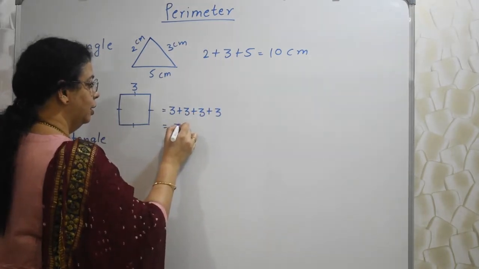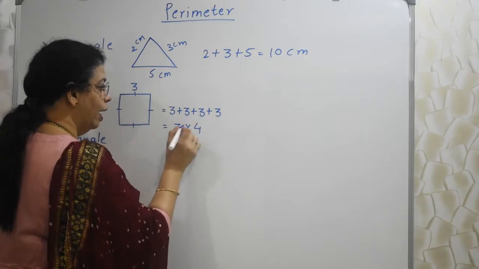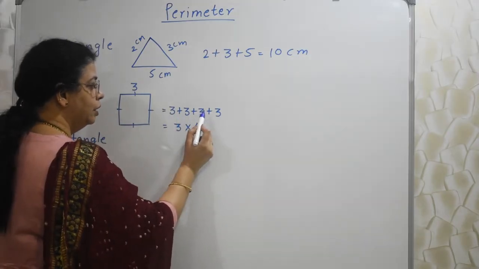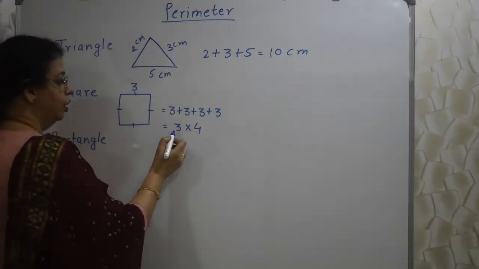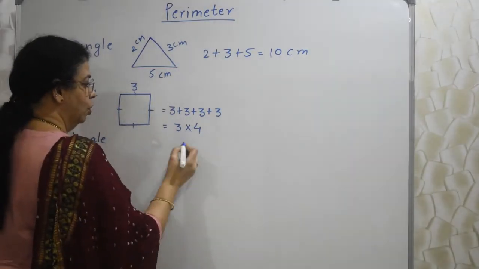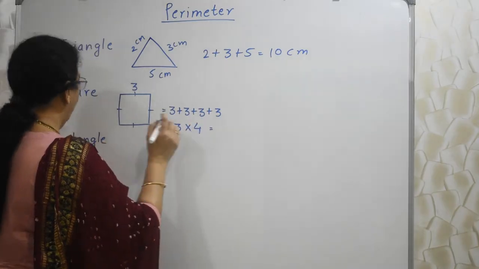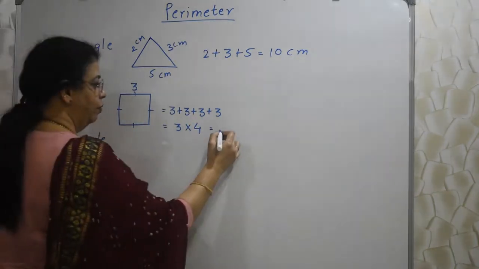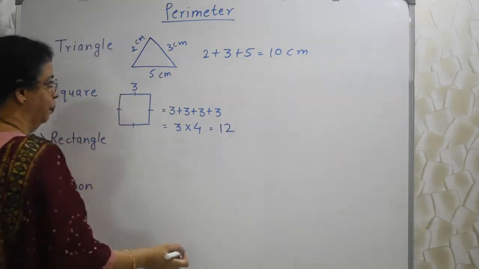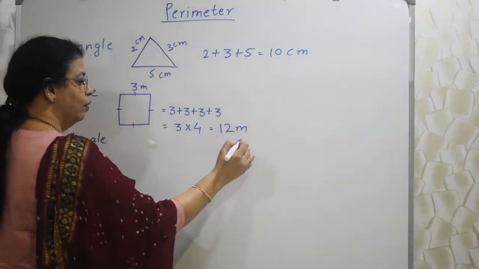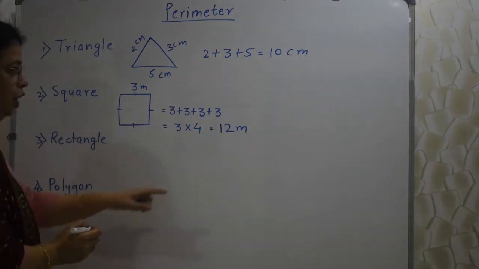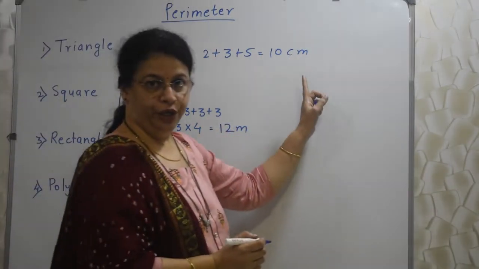That is 3 into 4. Why? Because I am taking this 3, 4 times. So, my perimeter of this particular square will be 12. If this is meter, then obviously my answer will also be in meters. Units is very important.